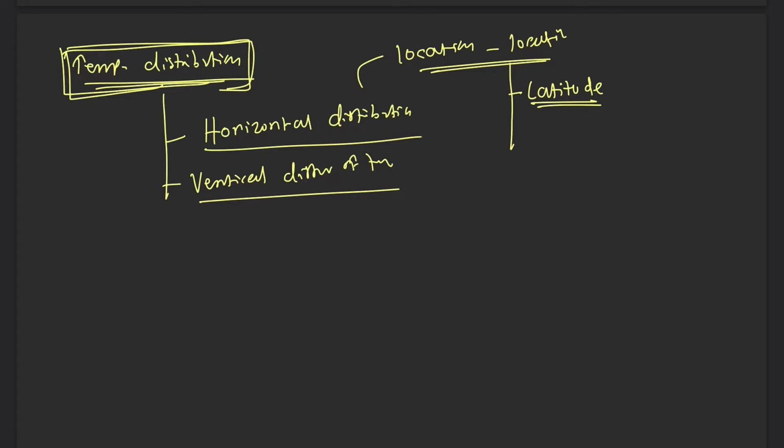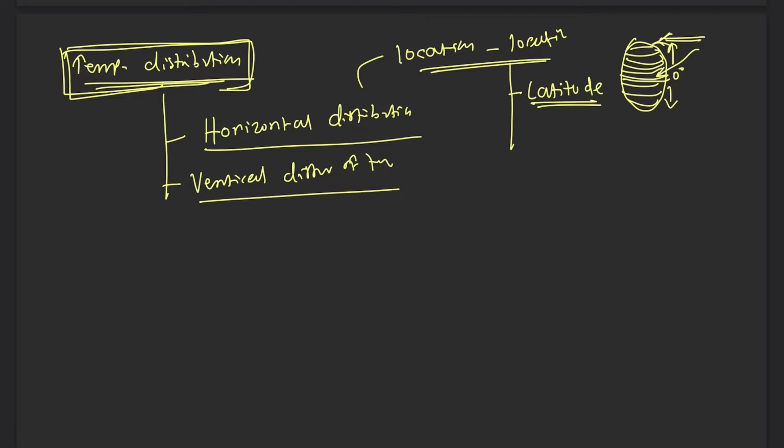If we move towards north or south latitude from the equator, what is latitude? This is the equatorial line, 0 degree. If we move northward, that is called north latitude, and if we move southward, that is called south latitude. And how do temperature or solar radiation differ? Solar radiation is directly incident on the equatorial region, but in higher latitudes the radiation incidence is slanting, so the energy balance is different.